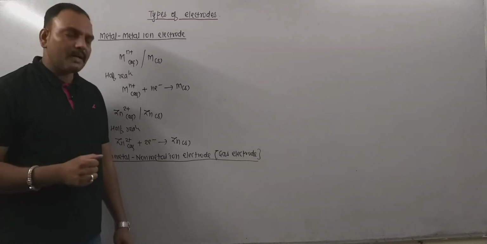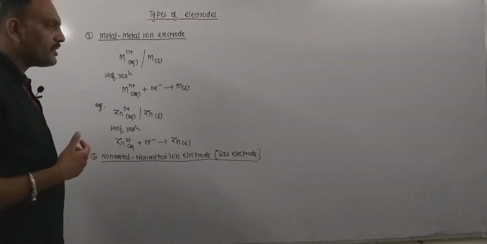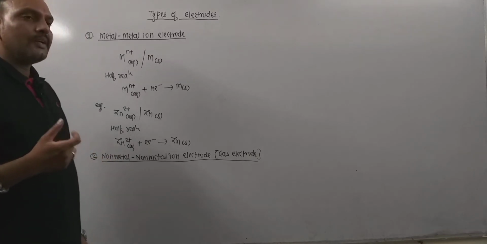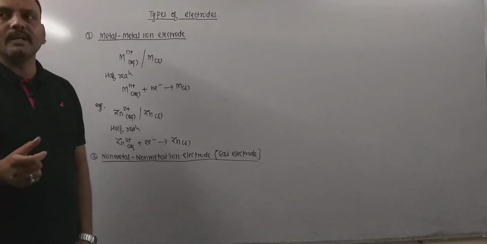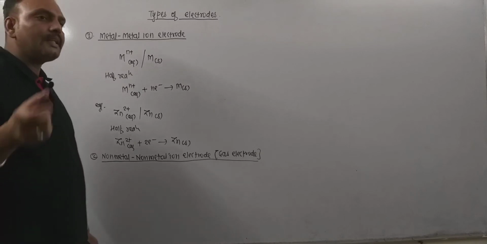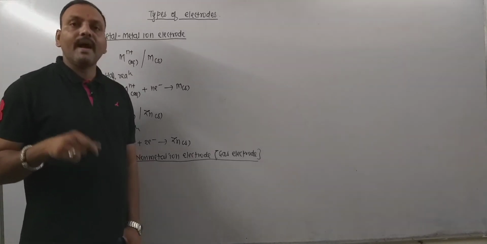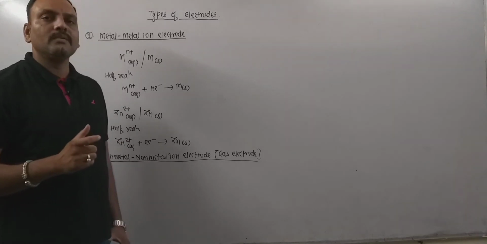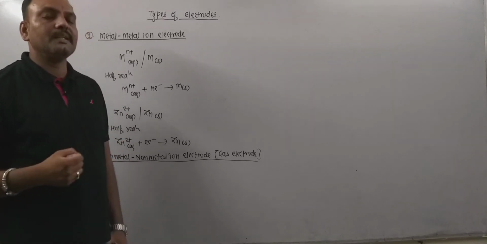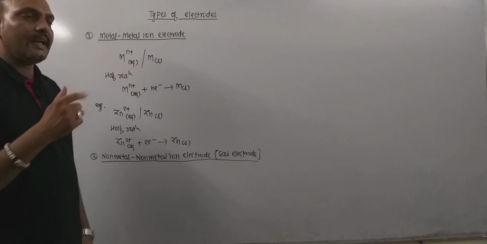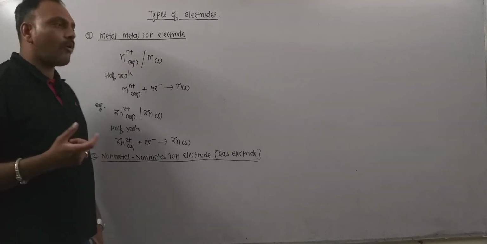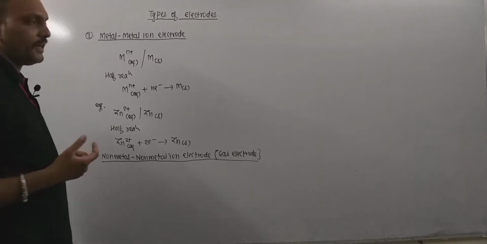So, an inert is a must. So, what happens right here? The inert metal is dipped in a solution having the ions, and we bubble a gas whose ions are present in the solution, and the electrode is so called a gas electrode or non-metal ion electrode.